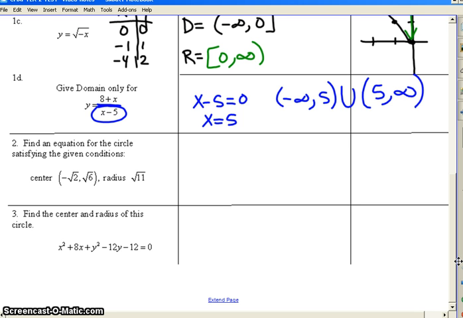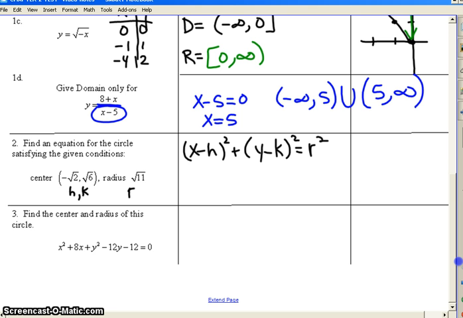Number 2, find the equation for the circle satisfying the given conditions. My center is (h, k) and the radius is r. (x - h)² + (y - k)² = r².